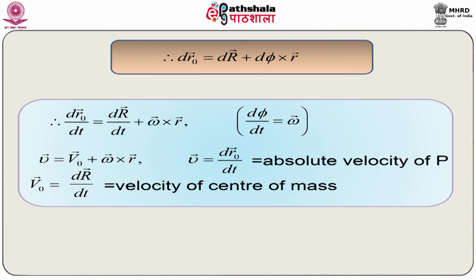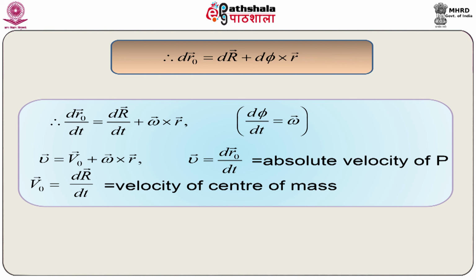This one will be d dt of capital R vector. This will be changed to d dt of phi, which can be written as omega vector. This is the angular velocity as we have given rotation. This is nothing but small v vector. This can be denoted as capital V vector suffix O. This is omega cross r. Small v vector is this one.